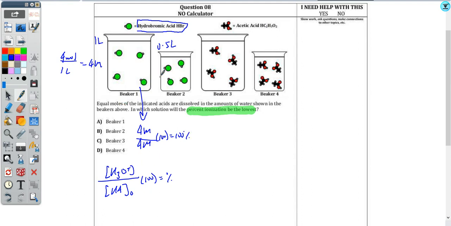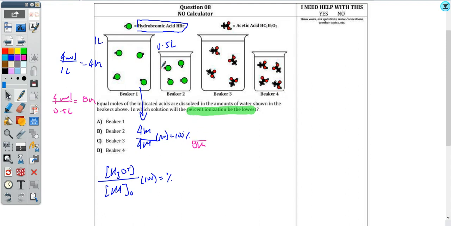Strong acid. In the smaller beaker of the strong acid, it's going to be really similar. I've got 1, 2, 3, 4 moles, but in a half a liter. So 4 moles in 0.5 liters. And again, I'm just making these numbers up because I don't have numbers, and sometimes the numbers help me understand what's going on. This is going to be an 8 molar solution.